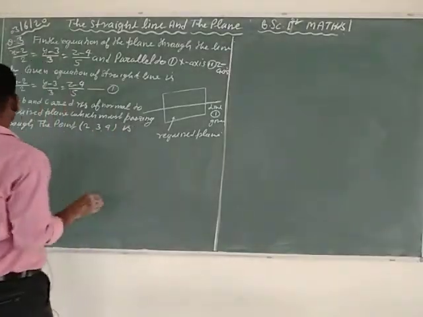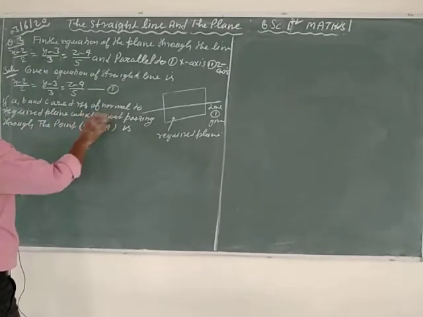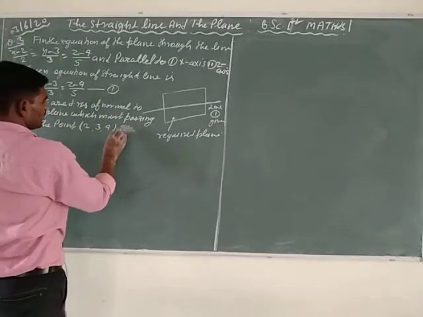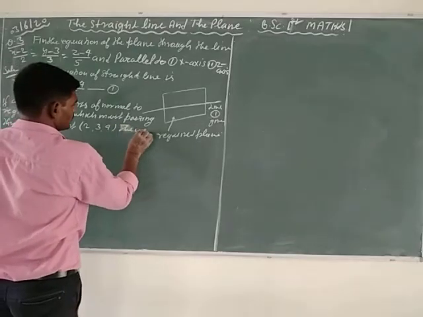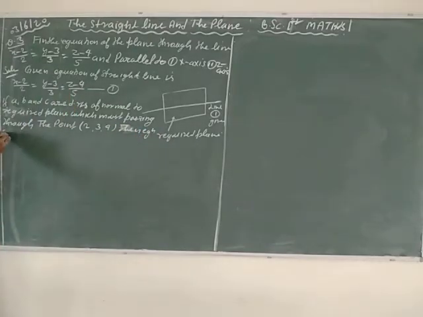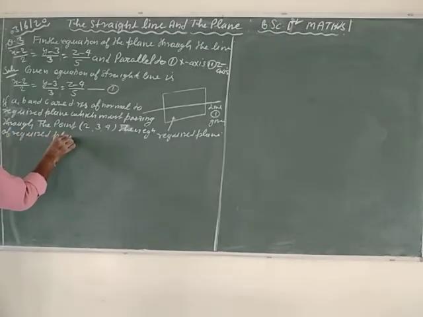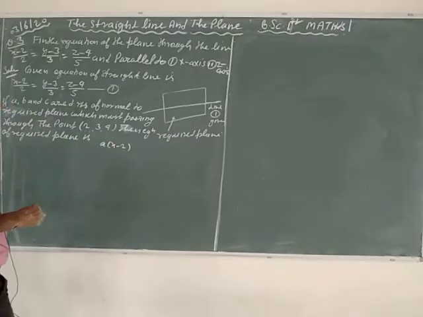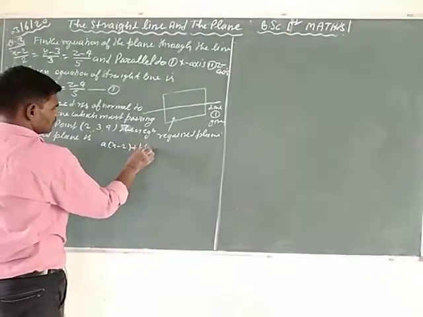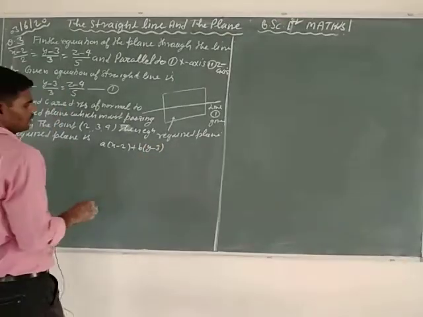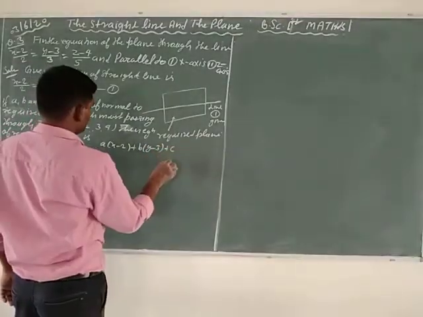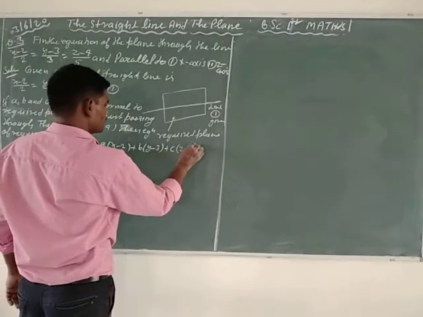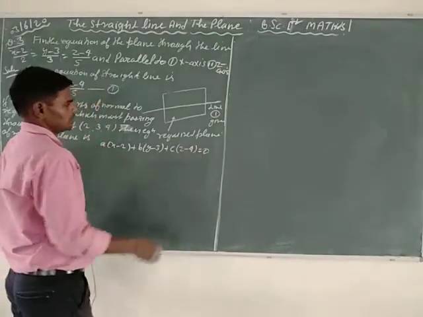Then the equation of the required plane is a times (x minus 2) plus b times (y minus 3) plus c times (z minus 4) is equal to 0, represented by equation second.